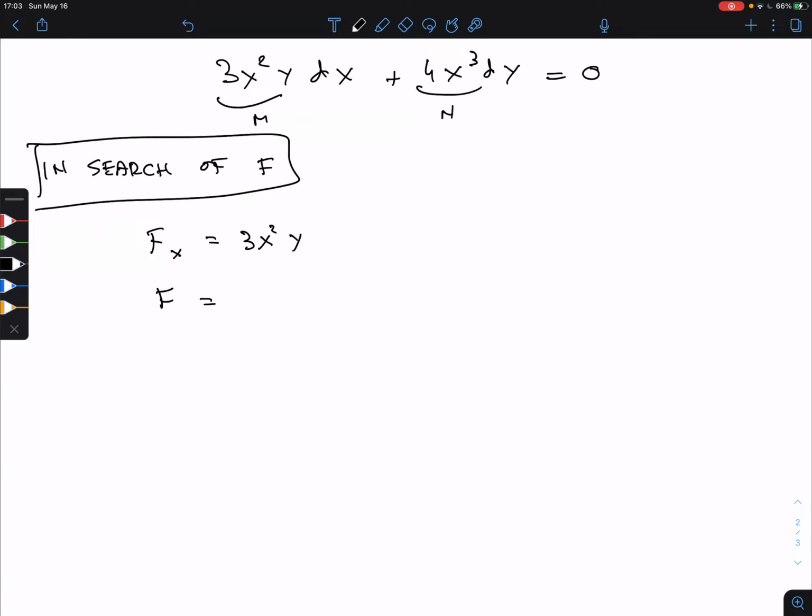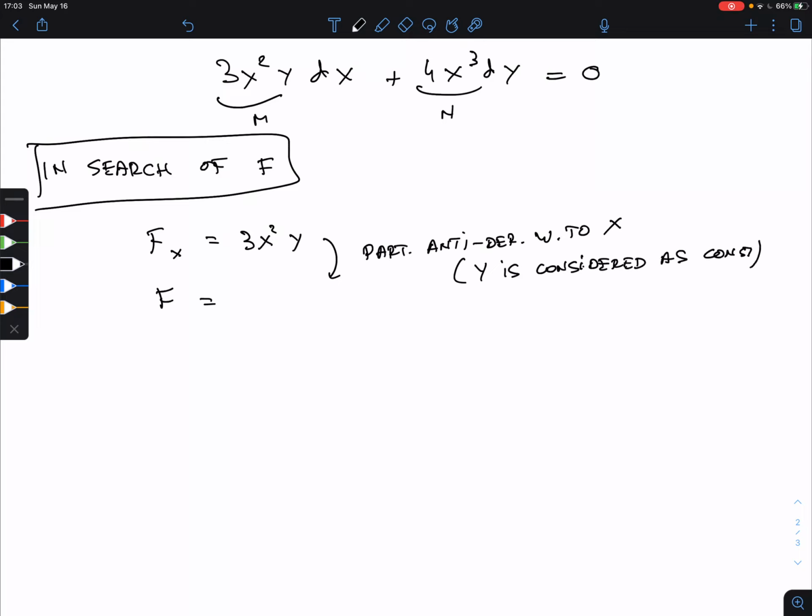So we're going to now take the partial antiderivative with respect to x. And what does that mean? It's the same principle. We antiderive with x as the variable. This means that y is considered constant, or treated as a constant.